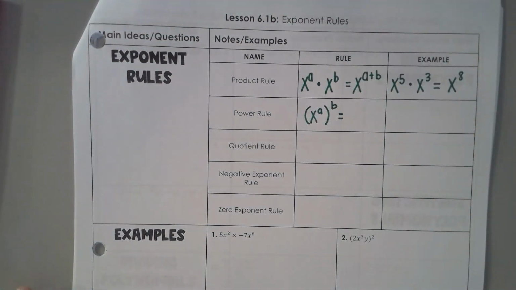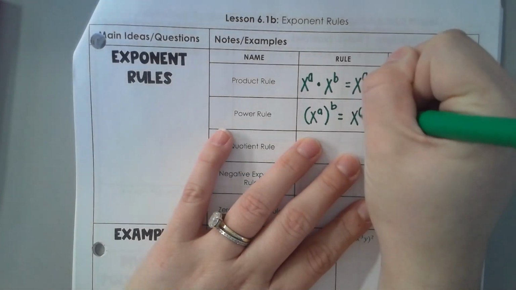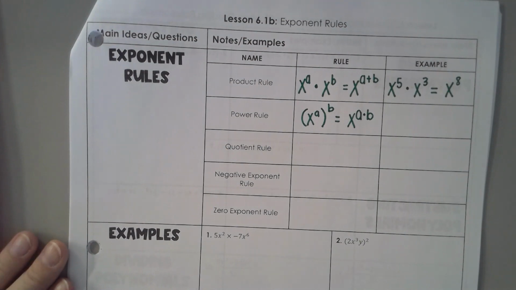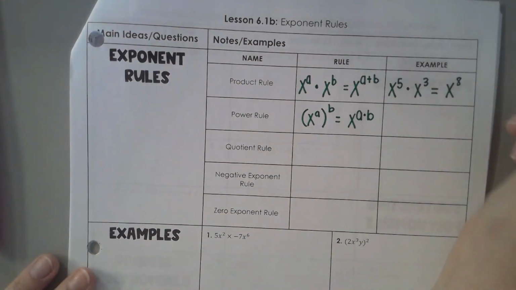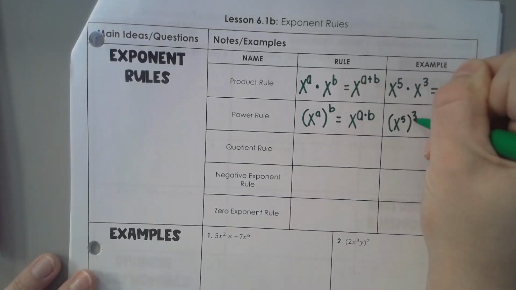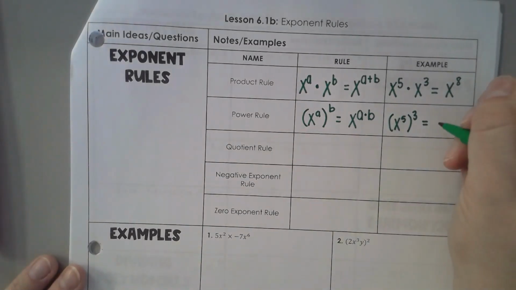What do I do with those exponents? Multiply them. This would be x to the a times b. So if I have x to the 5th cubed, that would be x to the 15th. Good.